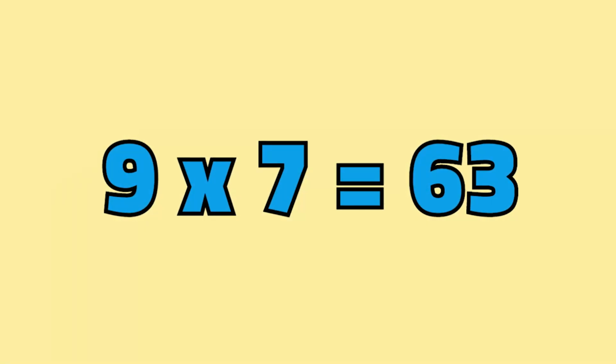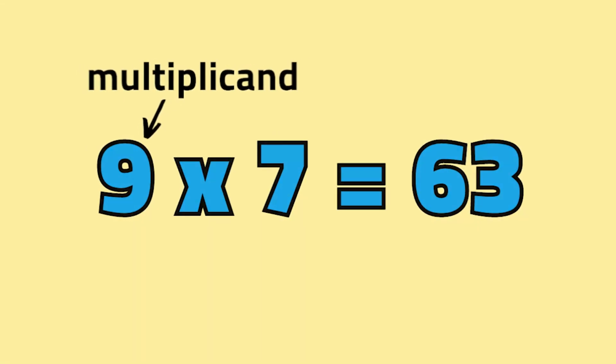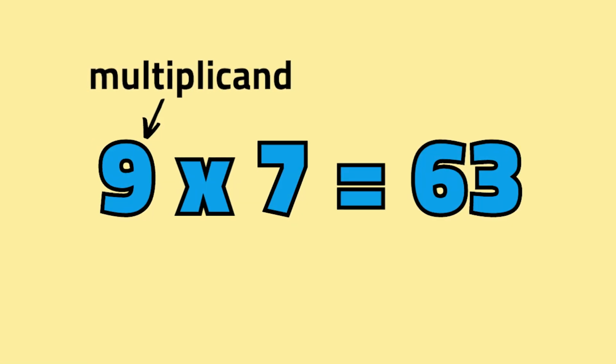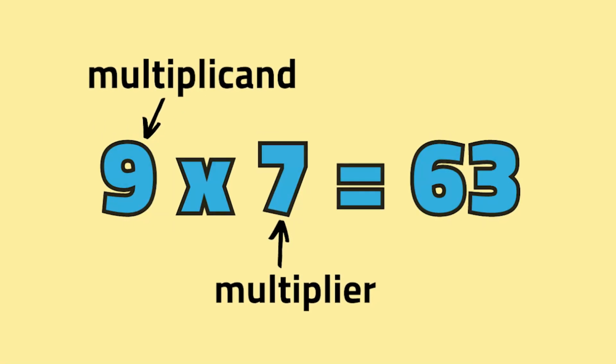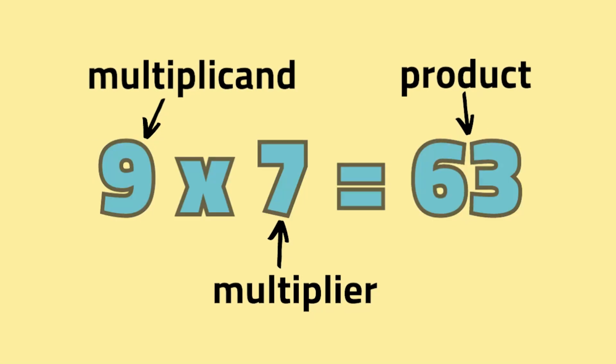You did great! How about the parts of a multiplication sentence? Let's review some more. The number taken or multiplied is called the multiplicand, while the number denoting how many times the multiplicand is taken is called the multiplier. And the answer in multiplication is called a product.